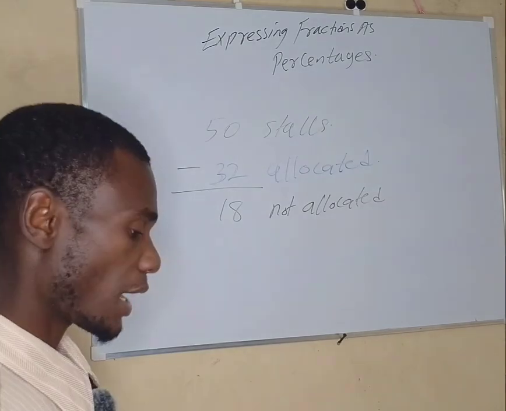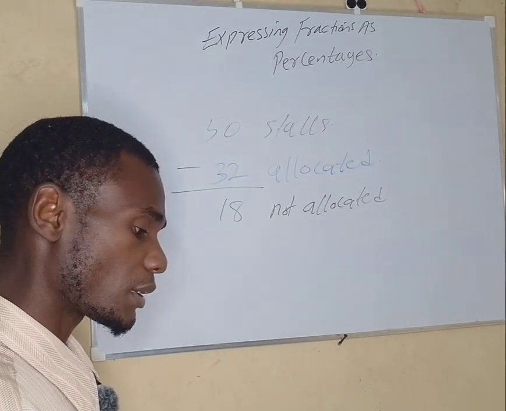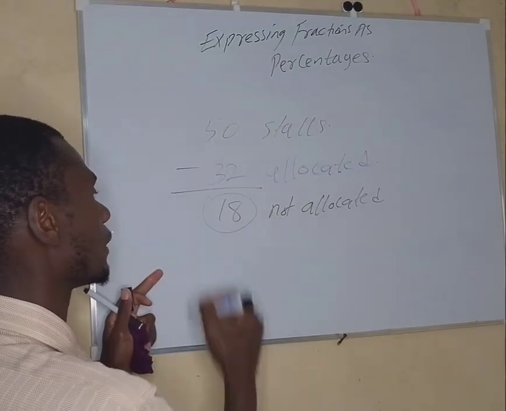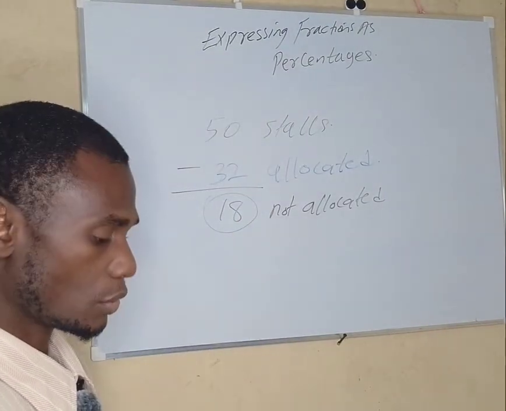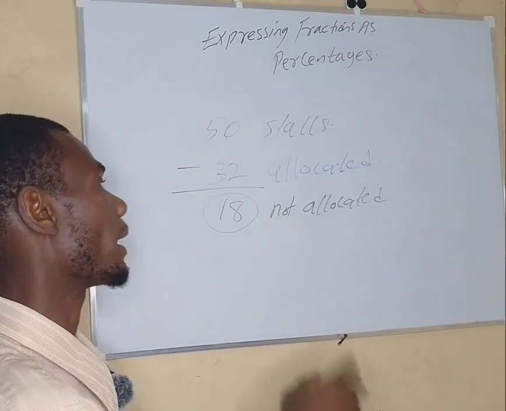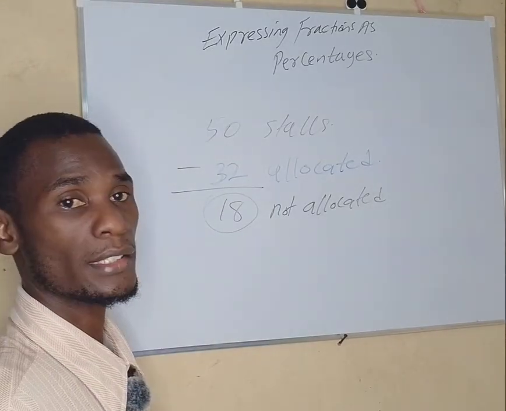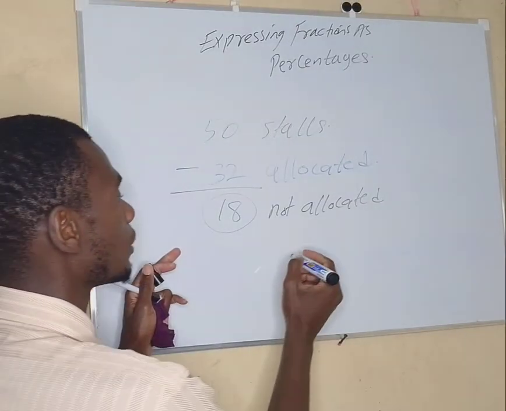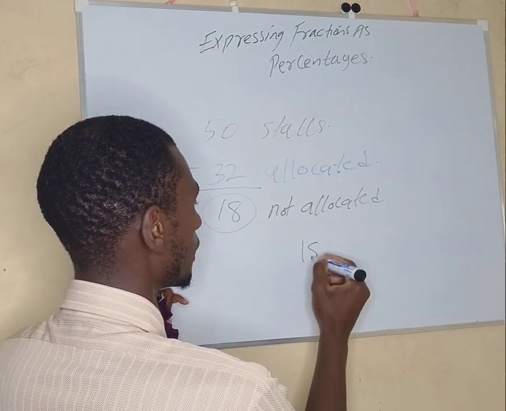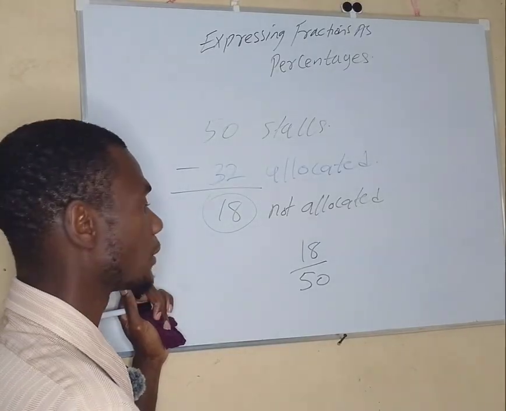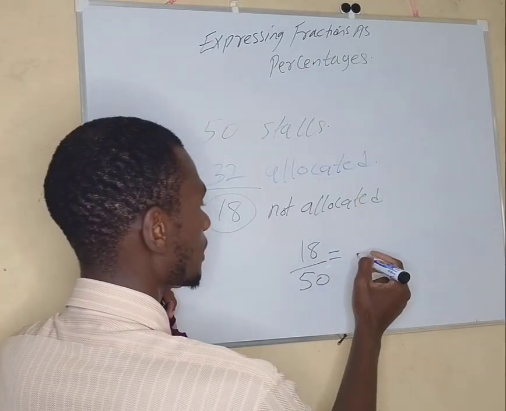So this question is asking what percentage of the stalls remained, which is 18. Remember, those 18 you are not given, so you have to get them from the total number of stalls minus the stalls allocated. Once you have 18, you put it as a fraction, 18 over 50, the total number of stalls. Then we do the same process.